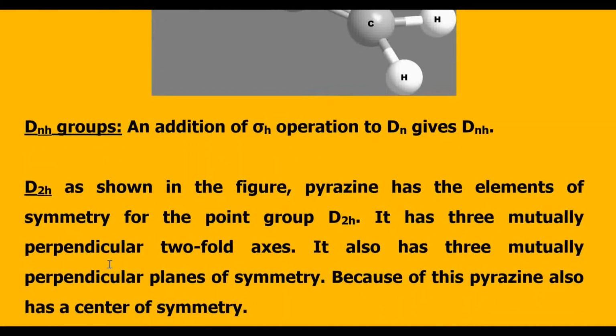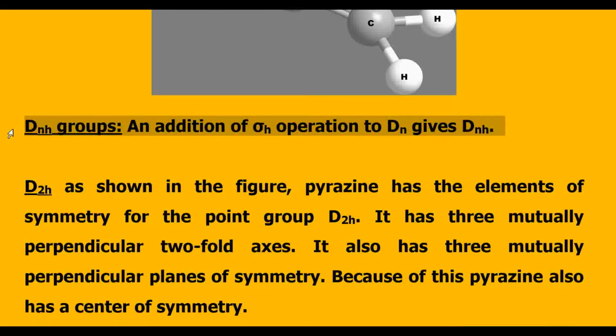Let us go ahead. Dnh point group. Now see, if you have a C2 axis perpendicular to the principal axis and no plane of symmetry, then the molecule will belong to the Dn point group. But if you have a C2 axis perpendicular to the principal axis and you are also able to find some dihedral planes, then the molecule will belong to the Dnd point group.